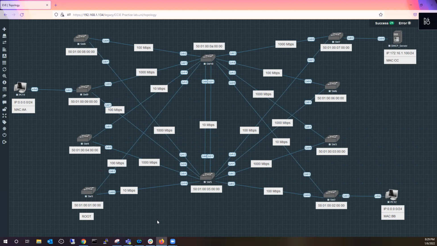Never mind. Just look at it for a little bit. I was thinking switch 5 because it's closer to the root port, to the root bridge. So you're saying between switch 10 and switch 5, which one is the designated switch?